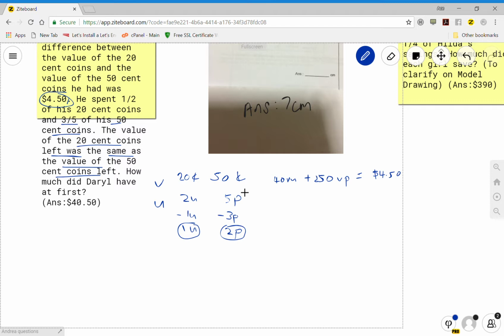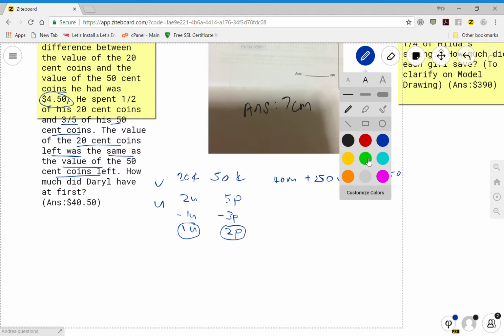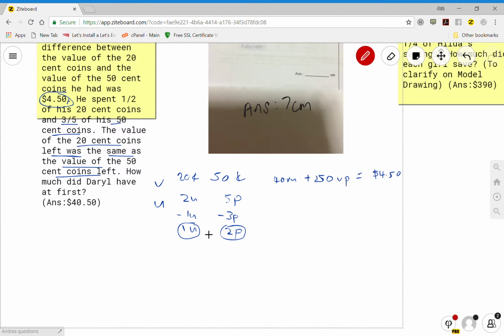Is that okay? Because of the last part, they say the value is the same. So I want to convert everything to parts. I have 2 parts here. That means here I must have 5 times of 2 parts, that means here must be 10 parts. So far, is it okay?